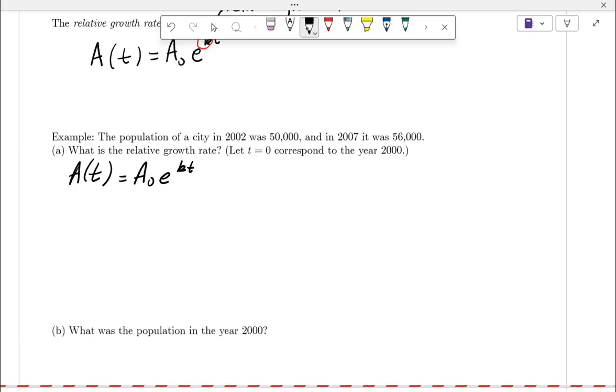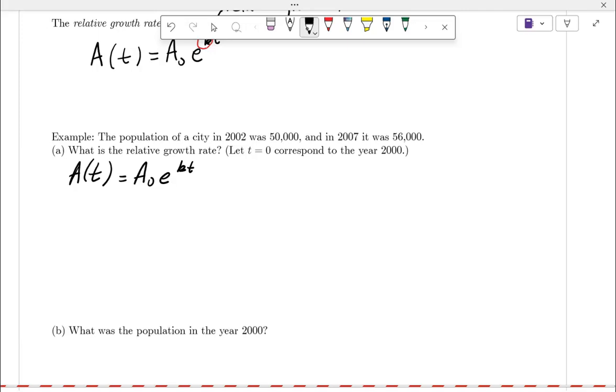So if we're going to let t equal 0 correspond to the year 2000, notice neither of those populations they give you is your a sub 0, is it? Right? Now, however, what do I need to plug in for t to get out 50,000?